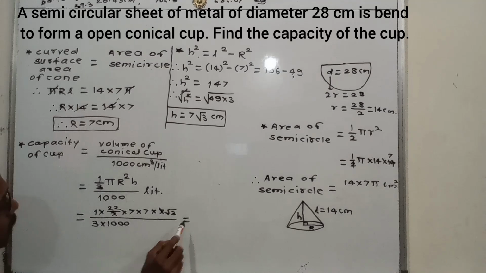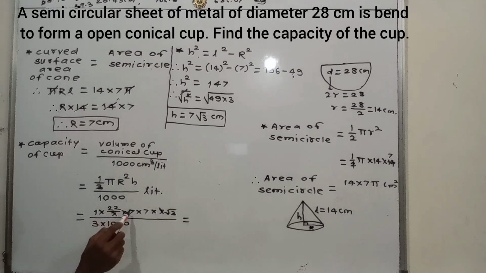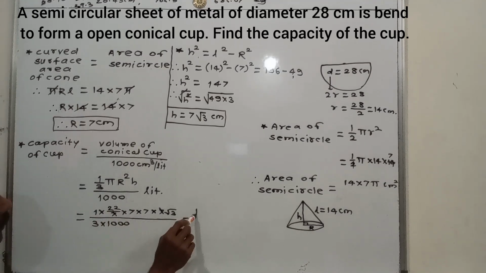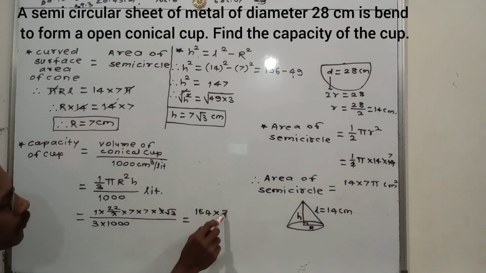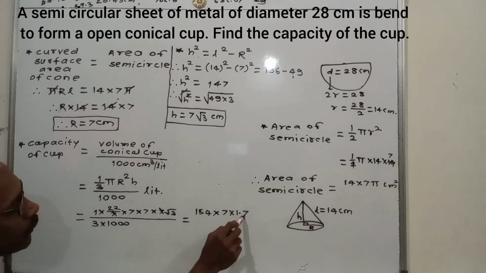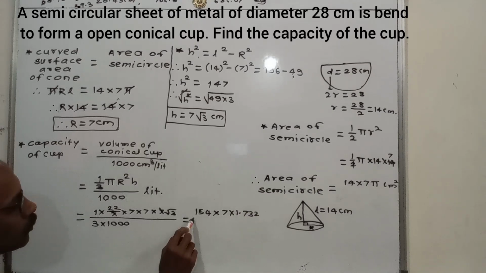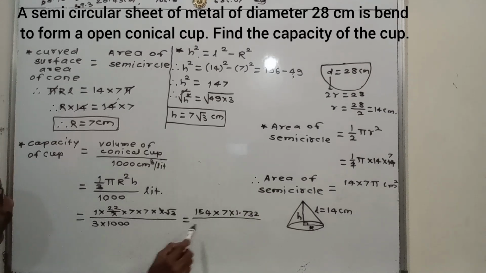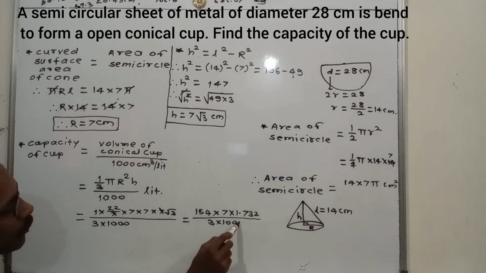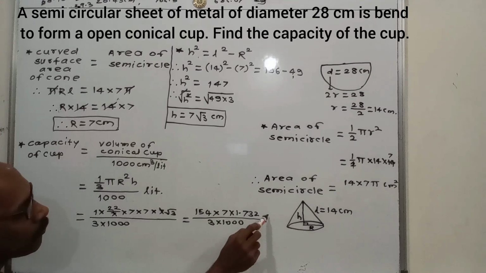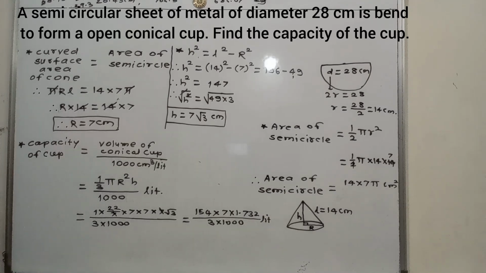Therefore 22 into 7 is 154, into 7 into root 3, 1.732, upon 3 into 1000.